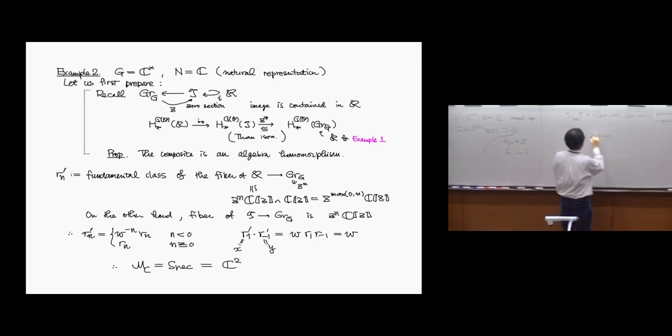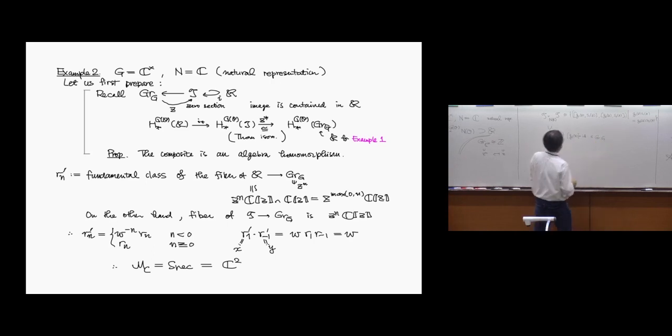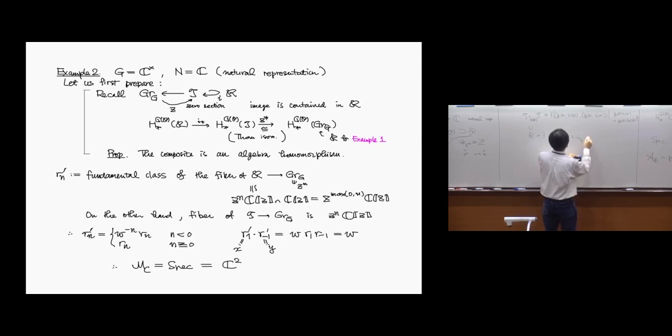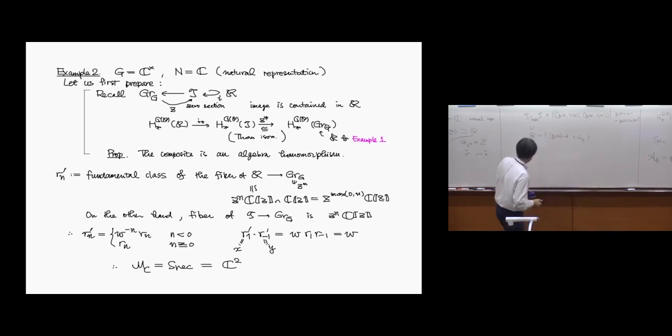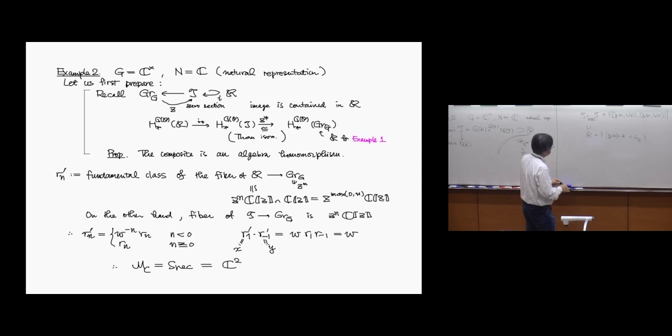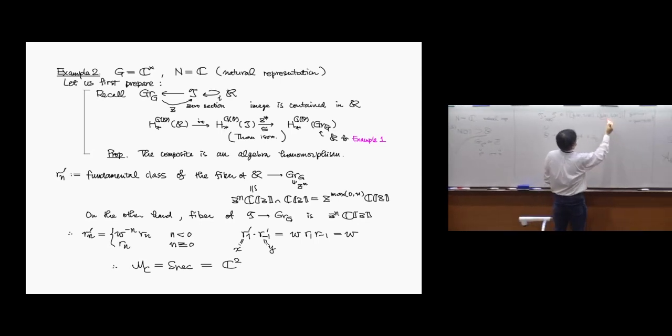Maybe this is in the affine Grassmannian. Right? So then you don't have G2, so this is identity.